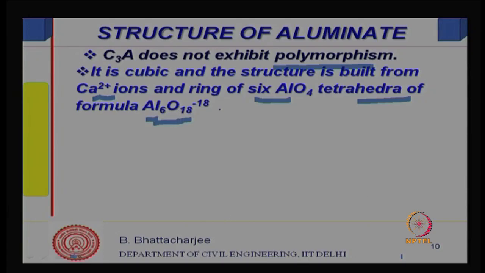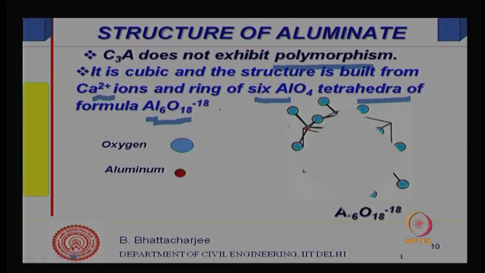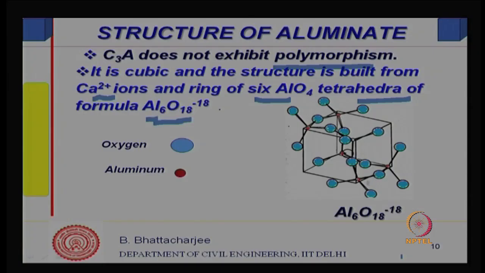Let us see this one. If this is oxygen and aluminum, the Al6O18 ring is something like this.